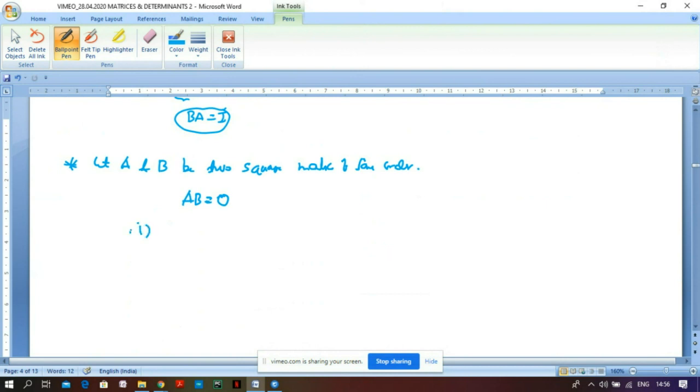There are three results. The first result says that at least one of them must be singular. Second, if A is not 0, then B must be singular.